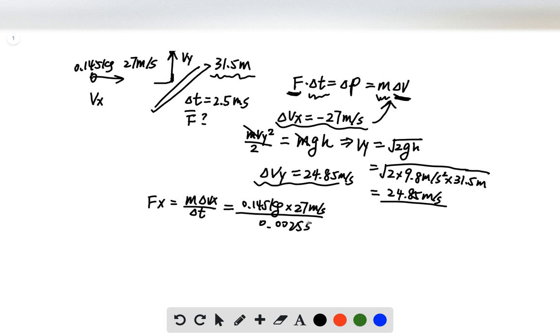Let's make sure we all use SI units. So that is negative 1566 Newton. And Fy is m delta Vy over delta T, we're plugging the same numbers.